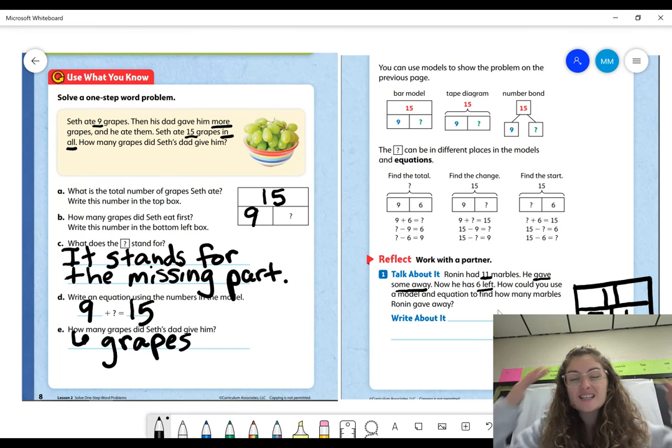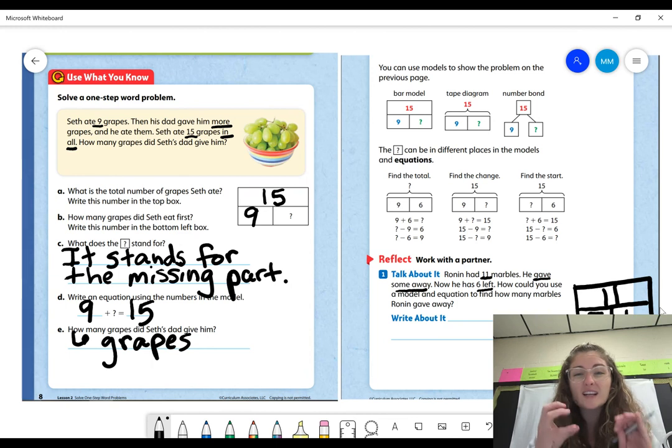It's really important to think and to read your story over and over again so you know what's going on. So we can use different models to show us and organize our parts and our whole. And we can use the strategies we talked about to help us figure out a missing part, a whole, or a part that is left.